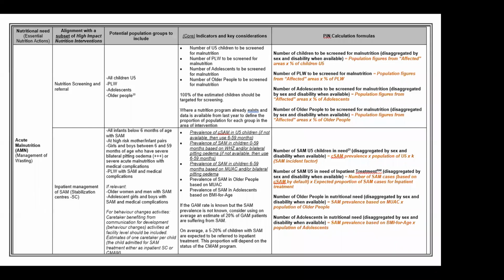The indicators, while also highlighting which ones are from our core list from our nutrition situation analysis, and key considerations and details of the PIN calculations. As we can see here, clear formulas per relevant indicator are included, and any disaggregation by sex, age group, and disability should be done when data is available.